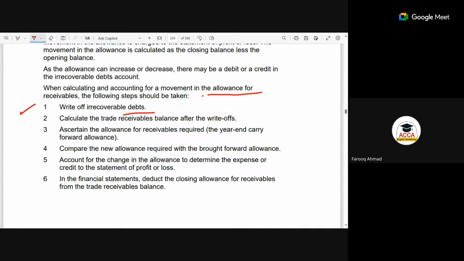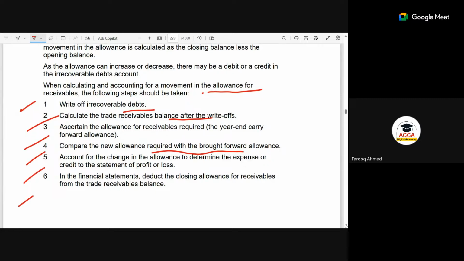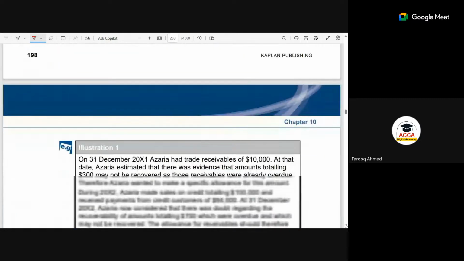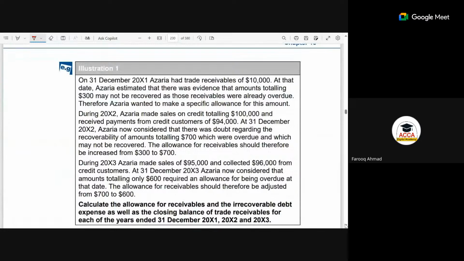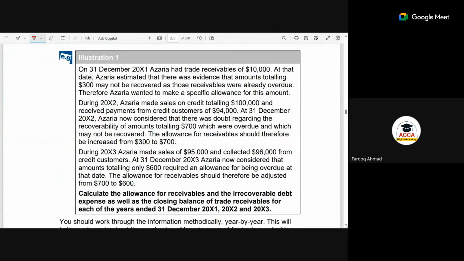Write off irrecoverable debts, calculate the trade receivable balance, ascertain and compare the new and old brought forward allowances, and account for the balances. This is all what your auditors do. They check that all these entries are accurate in your books of accounts.